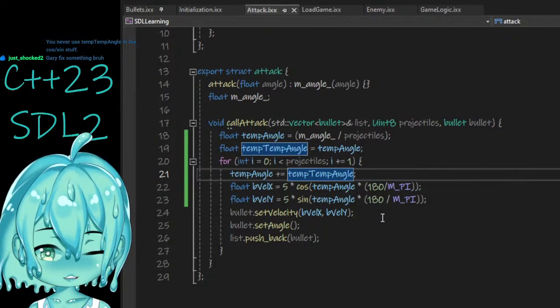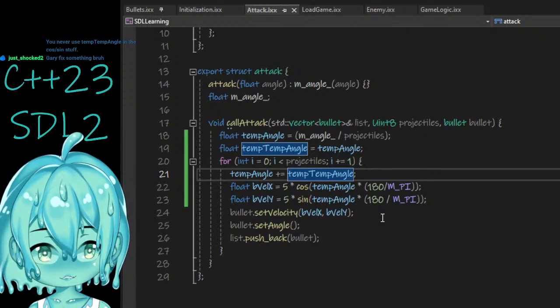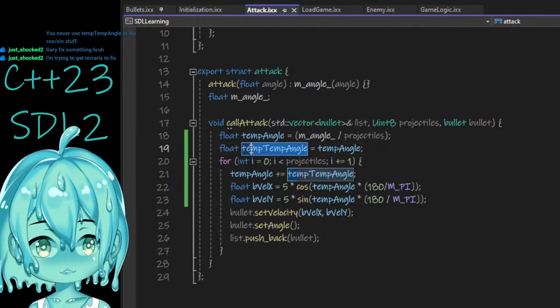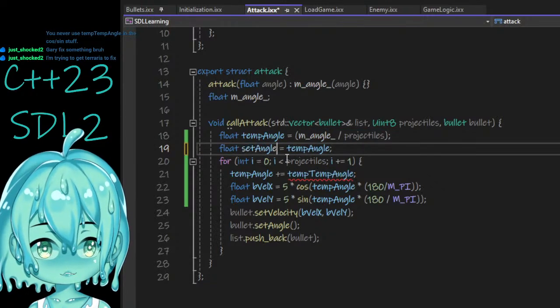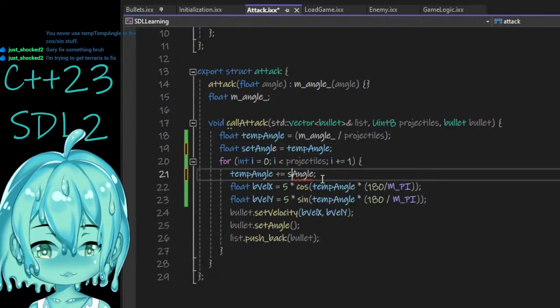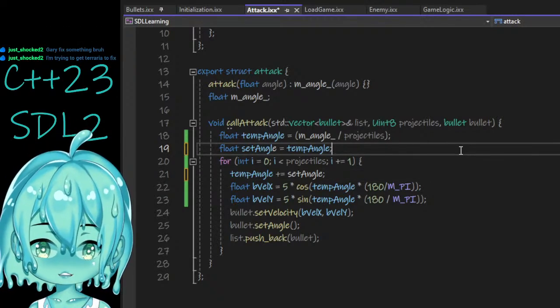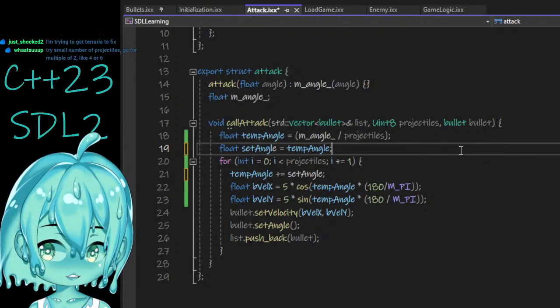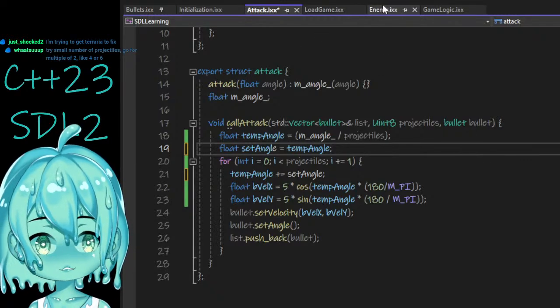Well, that's a thing. We'll just call this set angle. Try a small number of projectiles, go for multiples of 2, 4, 6.